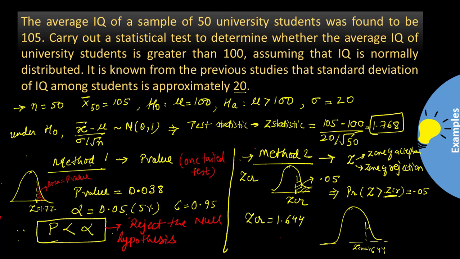This area is the zone of rejection, and since our Z value is greater than Z critical, it falls under the zone of rejection. Thus we can conclude that we can reject the null hypothesis.